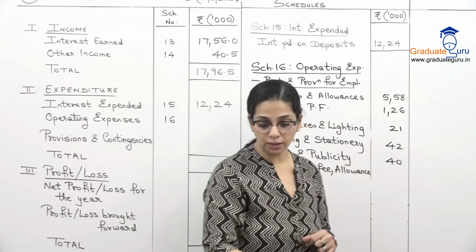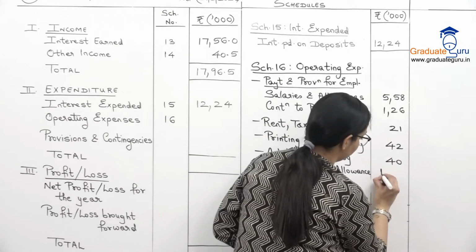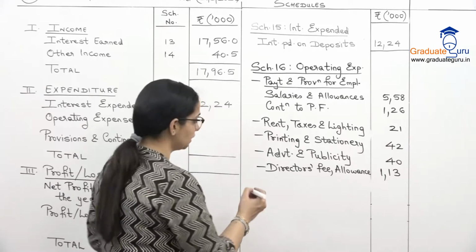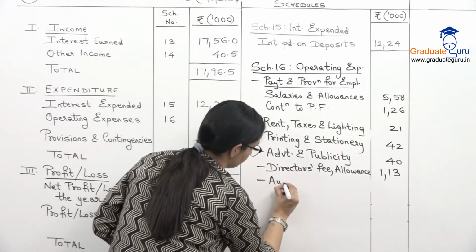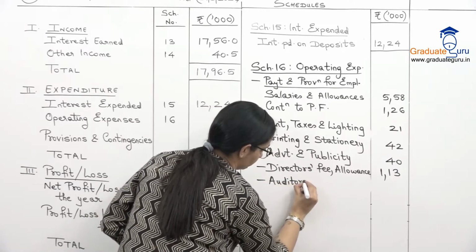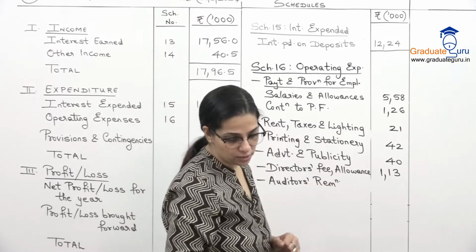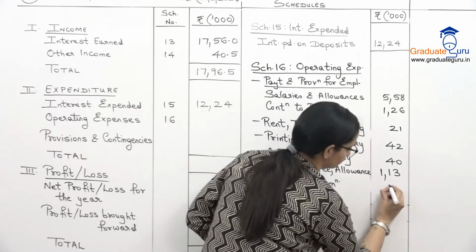Directors' remuneration दिया है 113. Then we will take auditors' remuneration or fees. And that is given to us as 54.